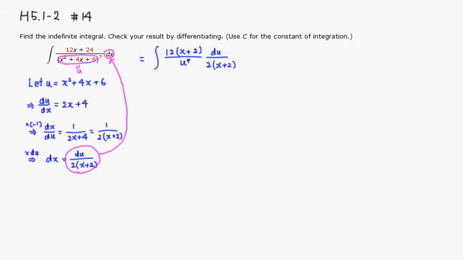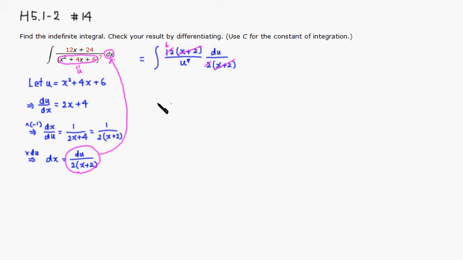Then we can cancel x plus 2 on top and x plus 2 on the bottom. Then we have these constants. You have 12 on top and 2 on the bottom, so that's going to be 6 right here.